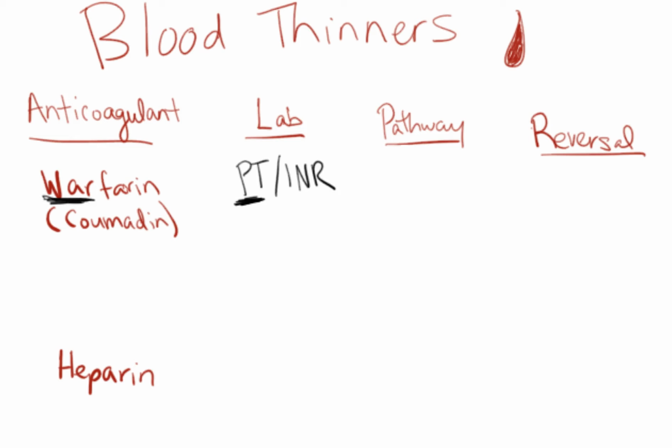Warfarin acts on the extrinsic pathway. I'll do a different video on the coagulation cascade. Basically, there's an intrinsic and an extrinsic pathway that both result in a final common pathway. So Warfarin works on the extrinsic and the common final pathway.